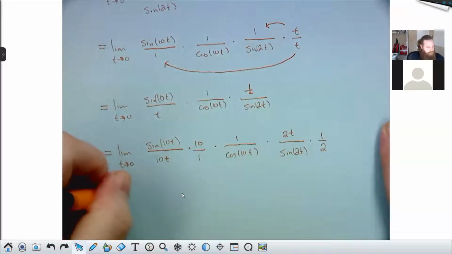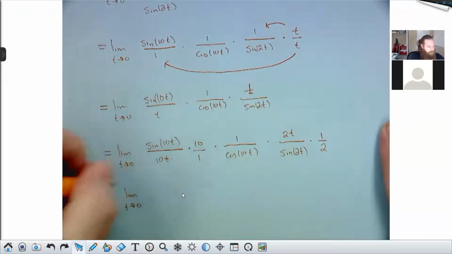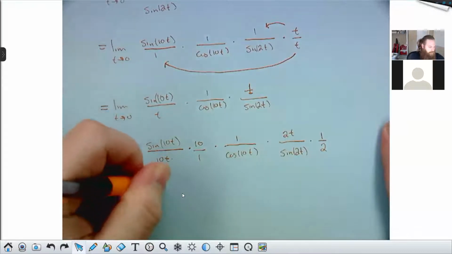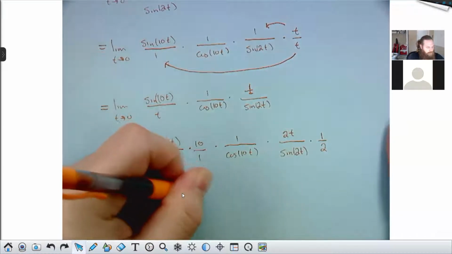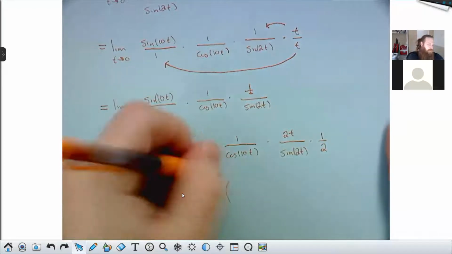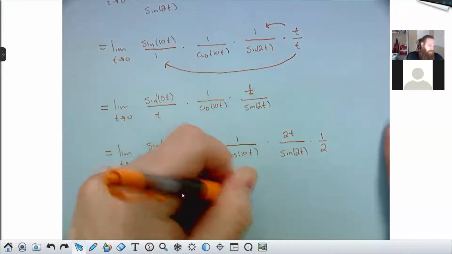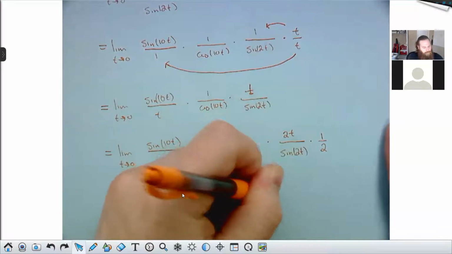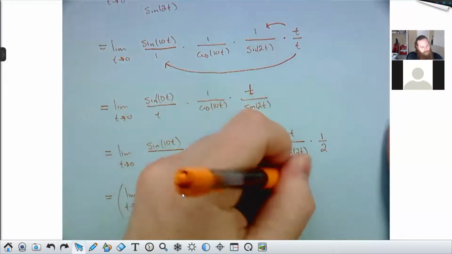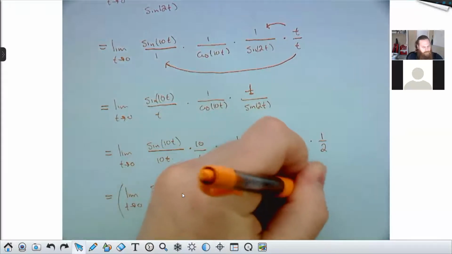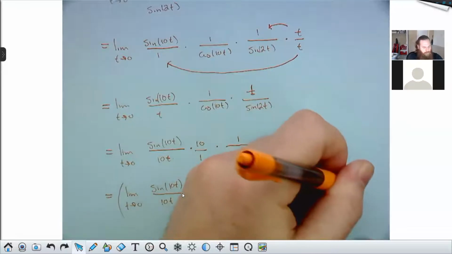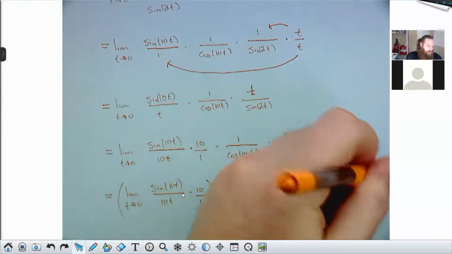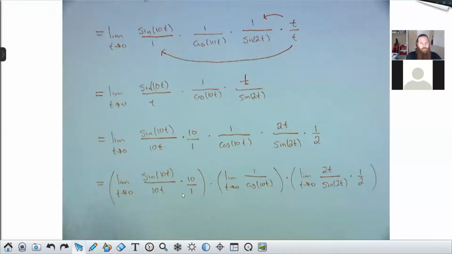I'll have limit t to 0 of sine of 10t over 10t times 10 over 1, times limit t to 0 of 1 over the cosine of 10t, times limit t to 0 of 2t over the sine of 2t times 1/2. And each of these pieces I now know more or less how to handle.